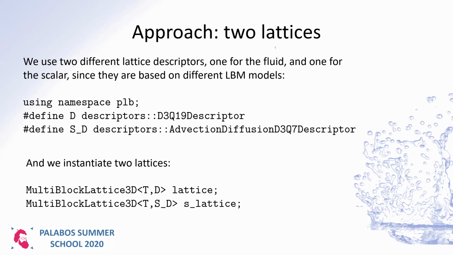But if it is 3D, you use D3Q19, which is a classical choice for incompressible Navier-Stokes through lattice-Boltzmann. And for advection diffusion, D3Q7, because you can solve that equation with fewer degrees of freedom. And then instantiate one lattice for the fluid, one lattice for the advection diffusion equation, every one with its own descriptor.